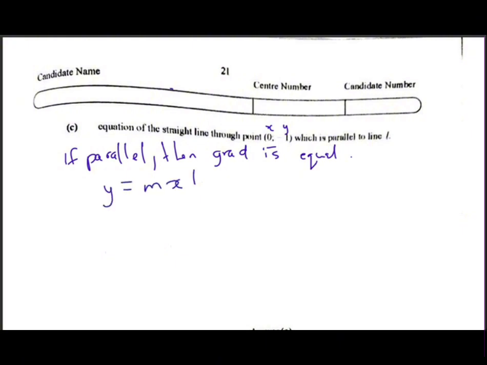So our general equation is y is equal to mx plus c, and what we'll do next is find the c value first, which is the y-intercept. We simply take the y coordinate from the point, which is -1, our gradient is 2, and the x coordinate from the point is 0, and then we add c, so c is equal to -1.